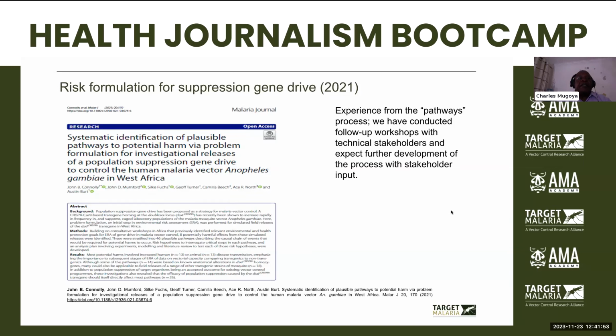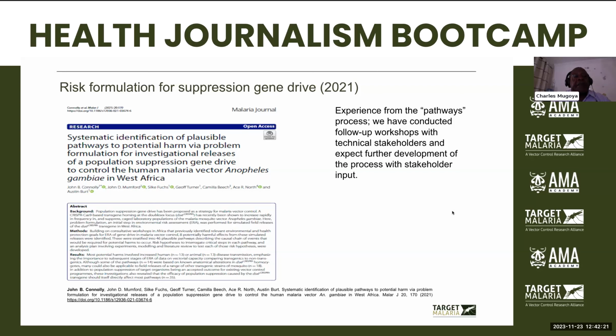So this risk formulation for suppression of gene-drive publication was a publication that came out of the experiences from the pathways process, where we started with conducting workshops. This was followed by stakeholder technical consultations, and it helped us to formulate the current pathway that we have today.